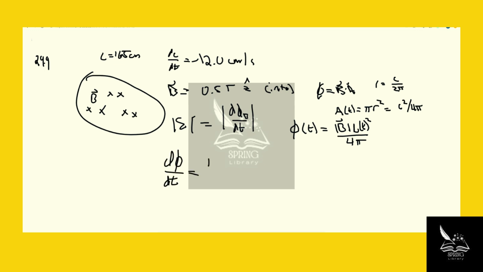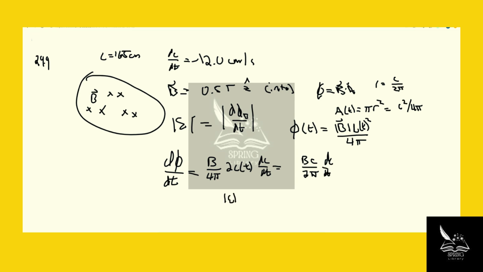Using implicit differentiation, we are left with B over 4 pi, our constants, and since this is C of t squared, this comes down to 2 C of t dC/dt. So this becomes B C over 2 pi times dC/dt.